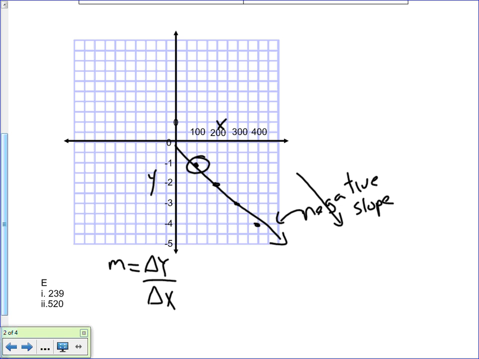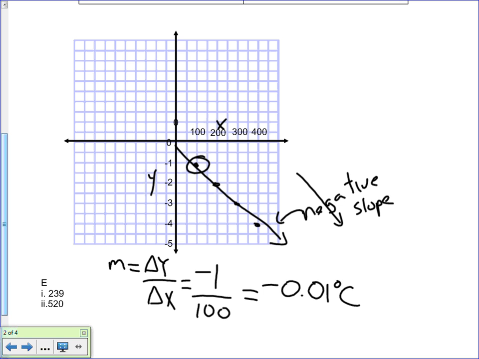So the change in y goes from 0 to -1, so that's -1. The change in x goes from 0 to 100, and that's 100. Now, -1 divided by 100, when you calculate it out, is equal to -0.01 degrees Celsius.